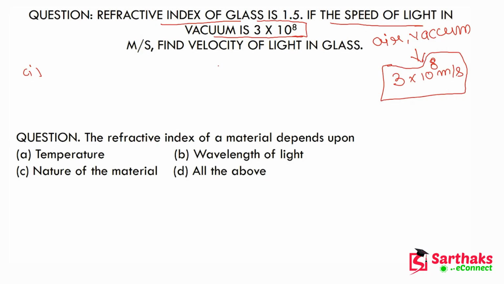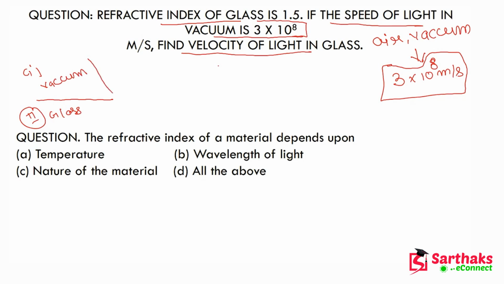What we are asked here is the velocity of light in glass. Let me give you a basic idea of what this question is saying. This is the second medium, that is glass, and this is vacuum.